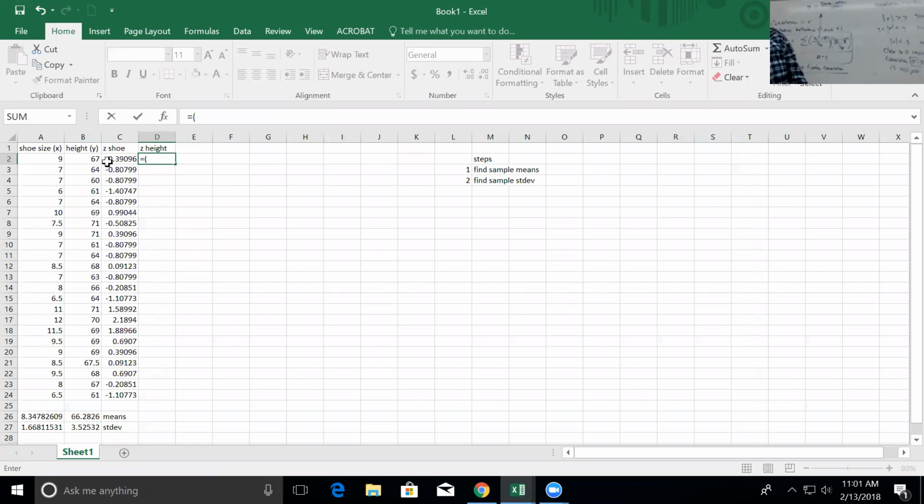We're going to take our data, so 67. We're going to subtract the mean, which is 66. I'm going to press F4, and then I'm going to divide by 3.52. I'm going to F4 that as well, okay?